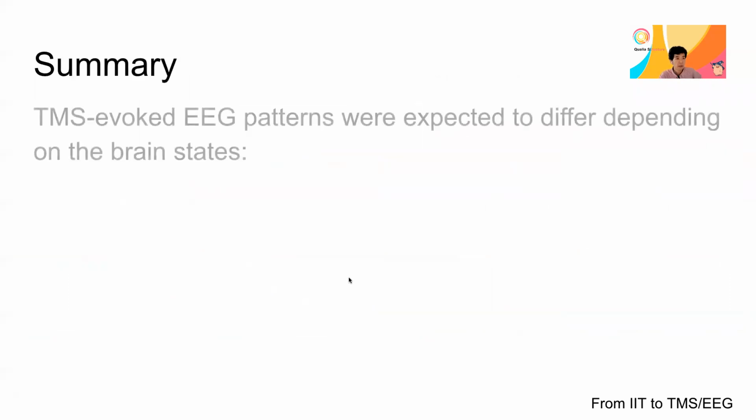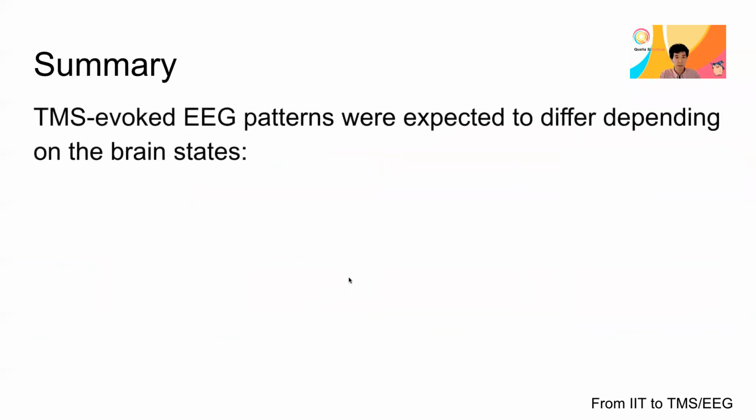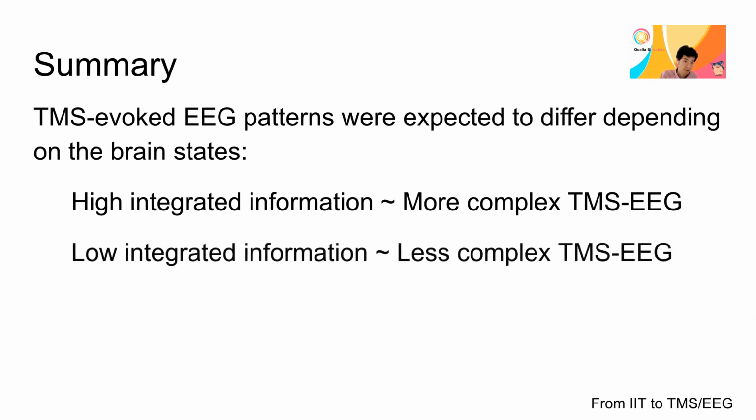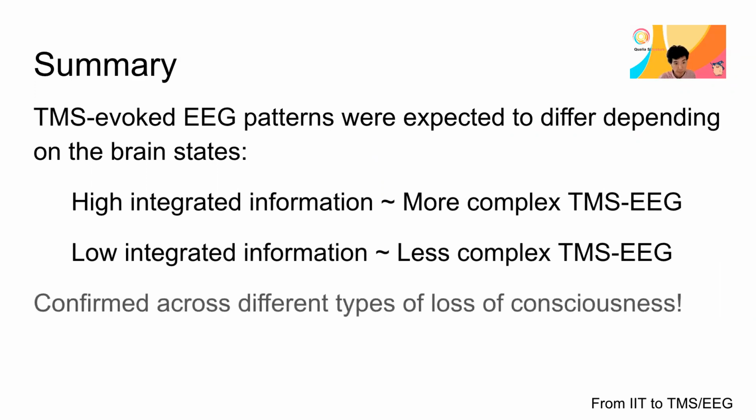So in summary, TMS-evoked EEG patterns are already different depending on the brain states. The highly integrated information pattern is correlated, most likely, with more complex TMS-EEG patterns. The low integrated information should correspond to much less complex TMS-EEG.